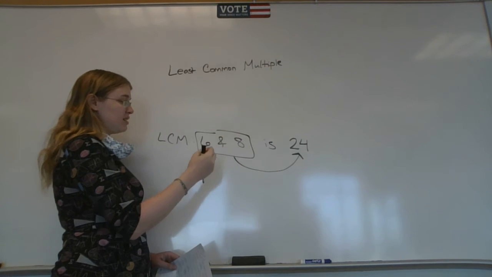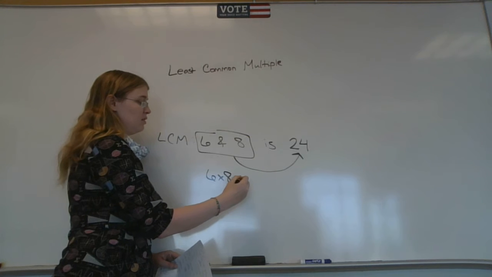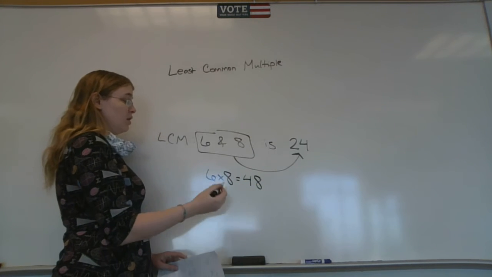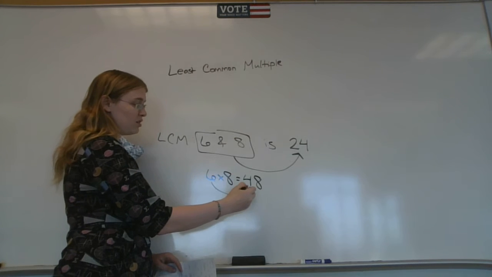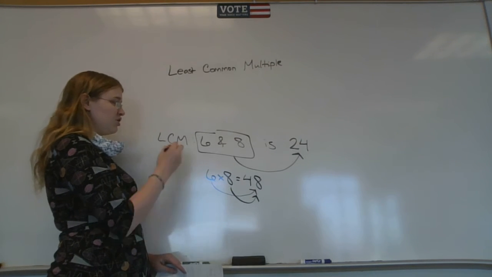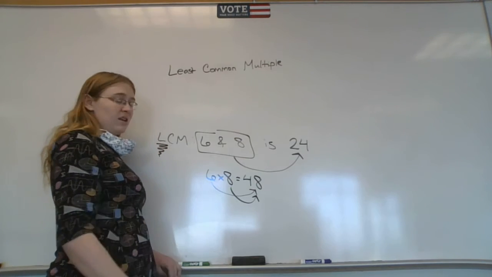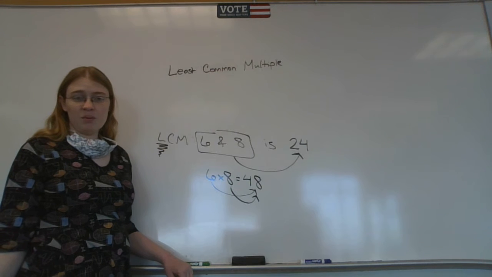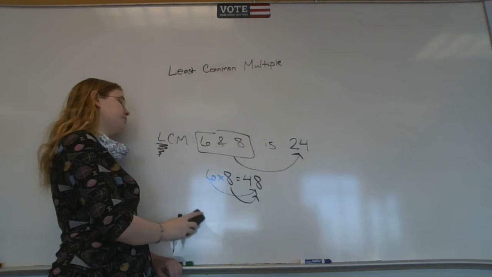So for example, with 6 and 8, 6 times 8 equals 48. So we know that 48 is a common multiple of 6 and 8, because 6 goes into 48 8 times, and 8 goes into 48 6 times. It's just not the least common multiple. So worst case scenario, you can always find a common multiple, but it's preferable if it's the least common multiple.